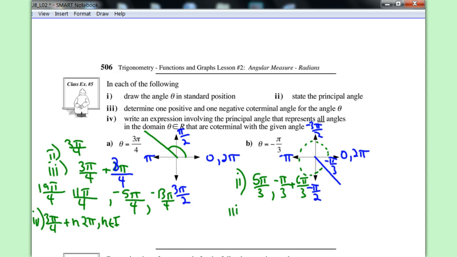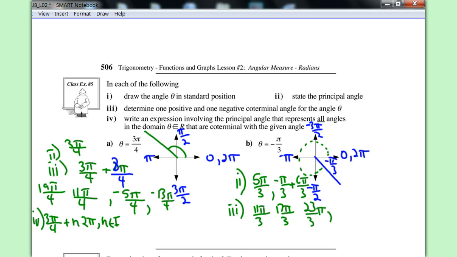So in part 3, if I need to find some other coterminal angles, it's really easy because I just take that principal angle and add or subtract 6 pi over 3. So I could have 11 pi over 3, or 17 pi over 3, or 23 pi over 3. Any of those, because I just keep adding 6 over 3.